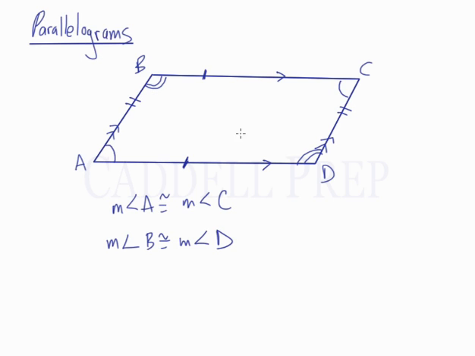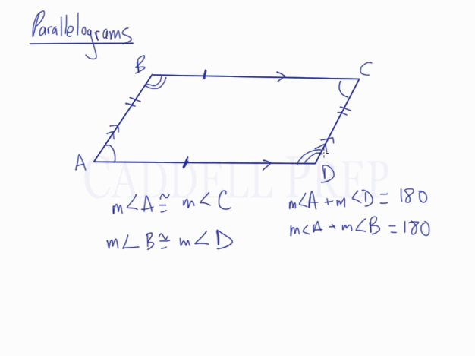The other way you could pair the angles is to make them supplementary. So angles that are adjacent, or next to each other, add up to 180. So the measure of angle A plus the measure of angle D is 180. Likewise, the measure of angle A plus the measure of angle B, which is next to it, is 180.